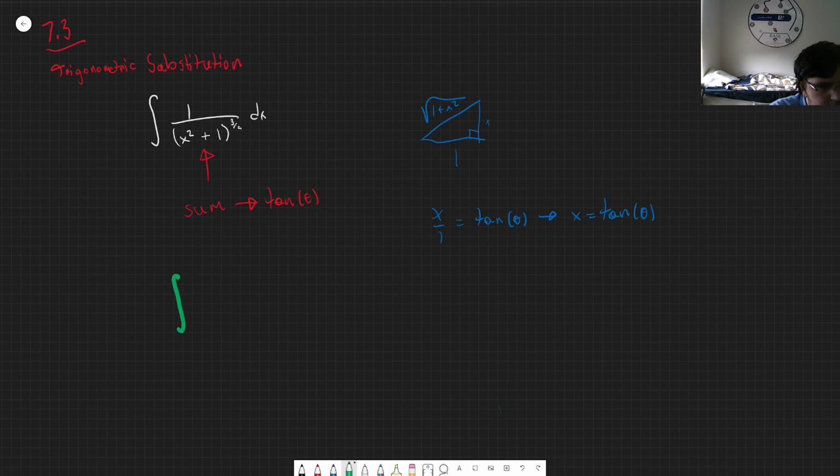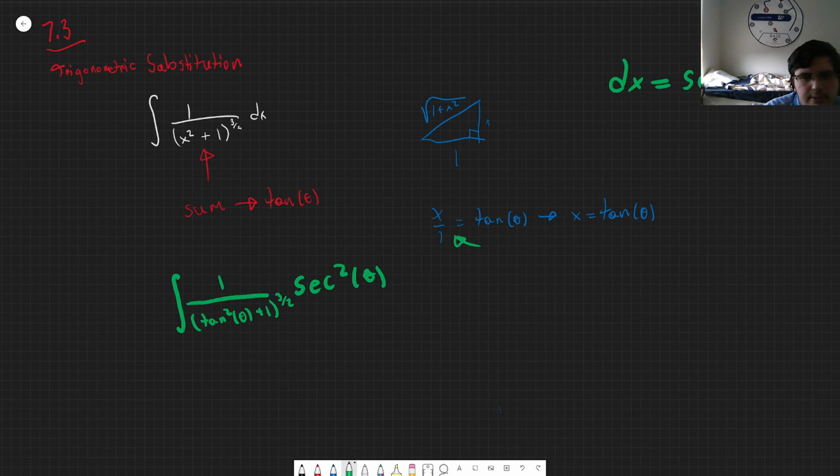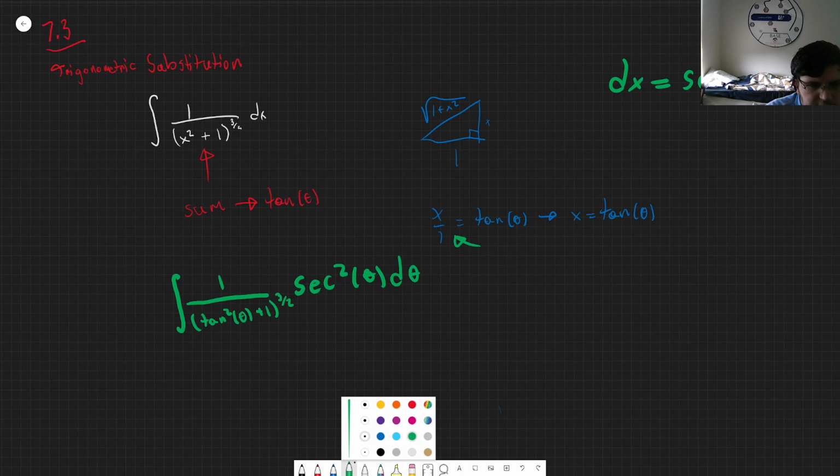So we're going to have tangent squared theta plus 1 to the 3 over 2. And then don't forget our derivative. So dx, our differential, is going to equal secant squared theta. Remember, our constant was a, so that's why there's no constant here. I mean, our constant was 1. And then that's our integral right now that we're going to work.